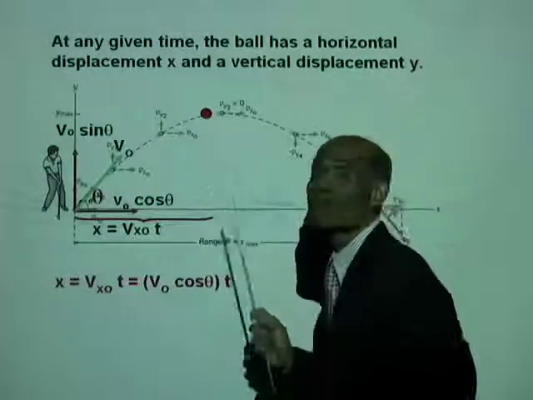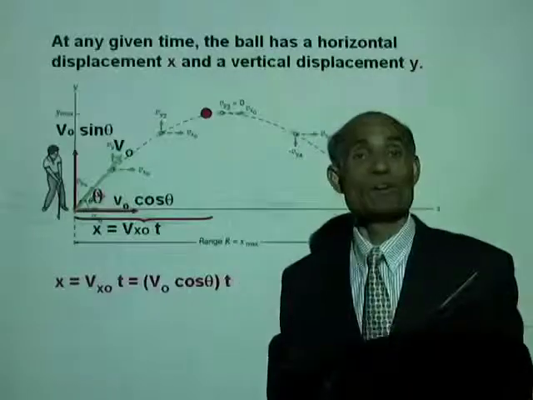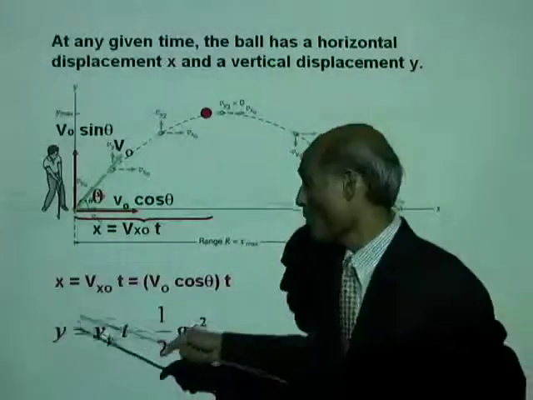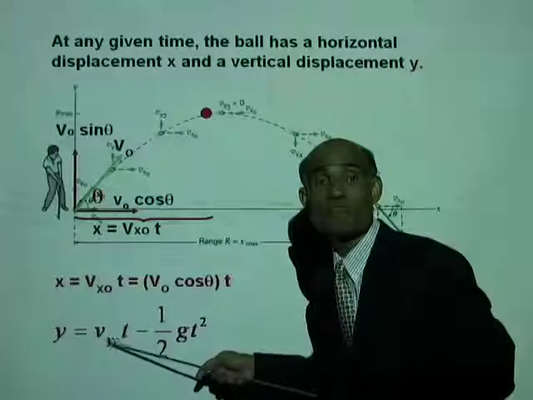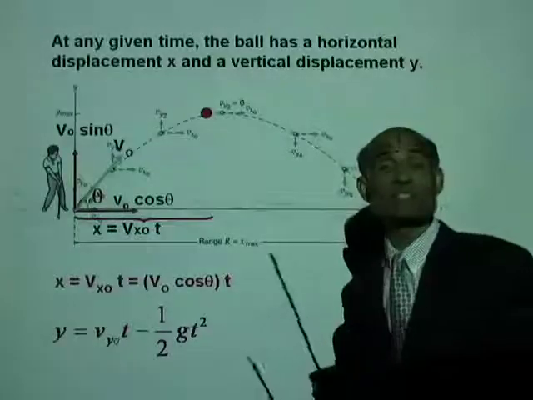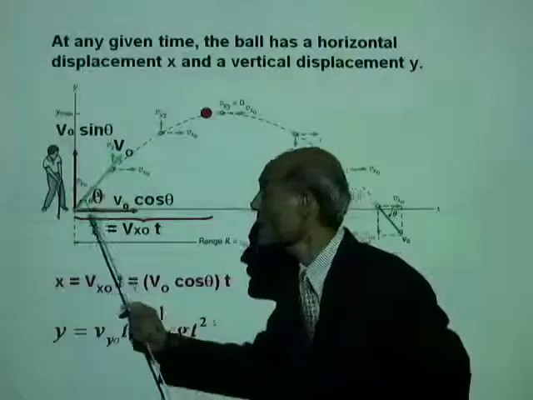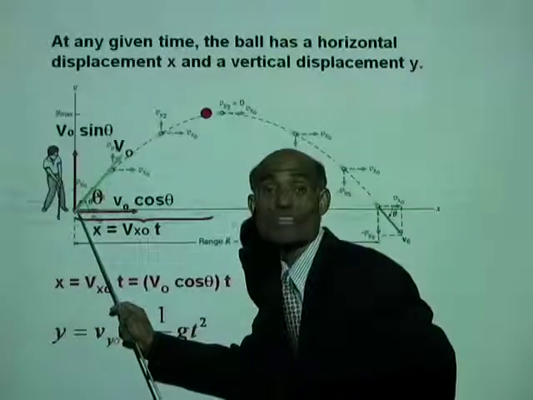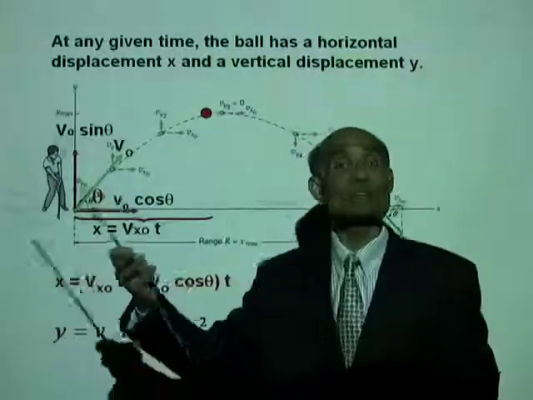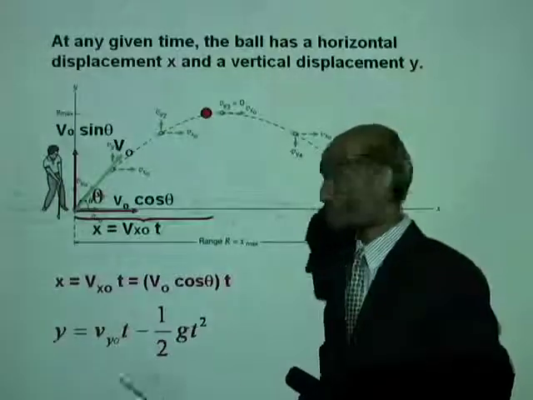Now this x position is vx0 multiplied by time. And this is the y position. Now how will we obtain the y position? What is the equation for the y position? y equal to vy0 t minus 1/2 g t squared. Now here we assume that the ball was hit from the origin so that y0 equal to 0. Is that right?